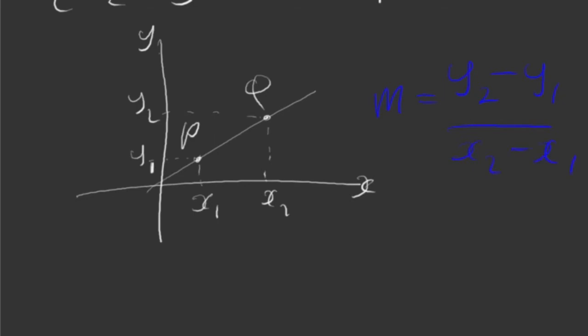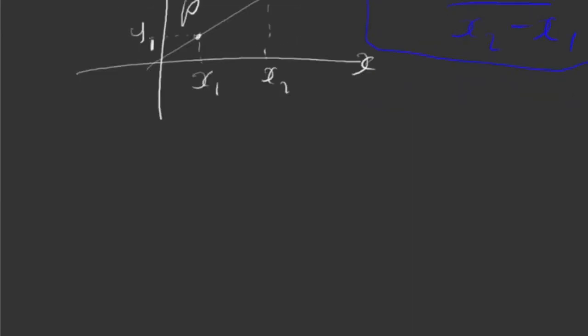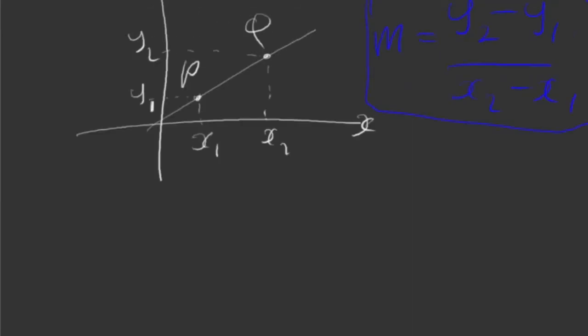So this is the formula for finding the slope of this line. But what we are interested in today is something called the secant line.